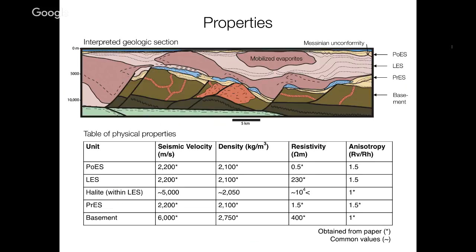Okay. And the other thing, we got anisotropy in most of the sediment layers. So POES anisotropy 1.5. So we got the greater vertical resistivity compared to horizontal. Okay. And then here the resistivity stands for the horizontal resistivity. That's sort of the reference.